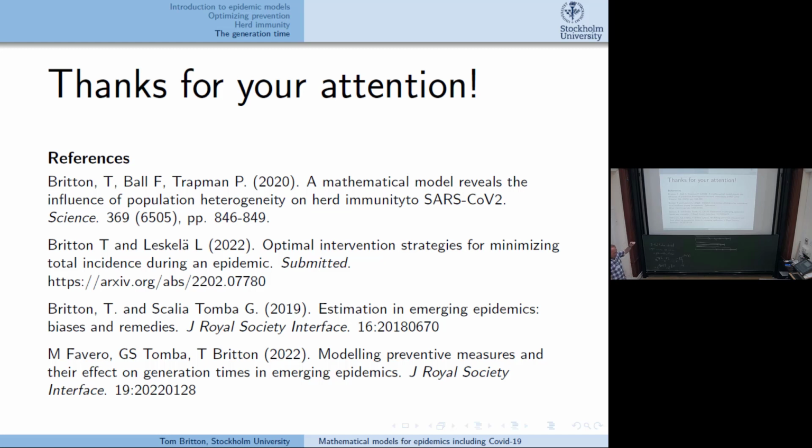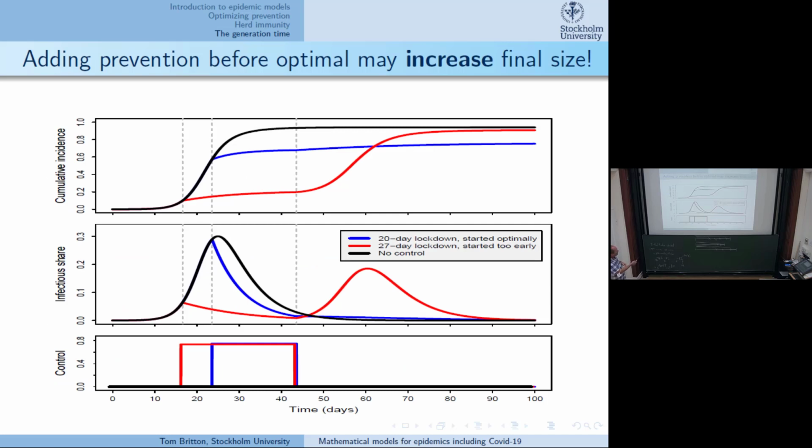And with this strategy, we will reach herd immunity eventually, but the problem is that not many people will have gotten affected, and if we lift restrictions then we will see a big second wave. So you want to lift these restrictions more or less when you have reached herd immunity, because if you're far from herd immunity when you lift the restrictions, you will see a big second wave.